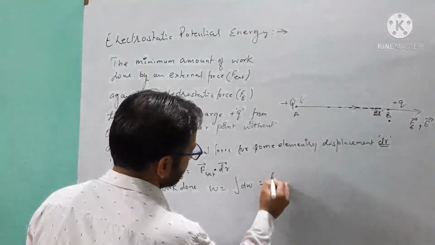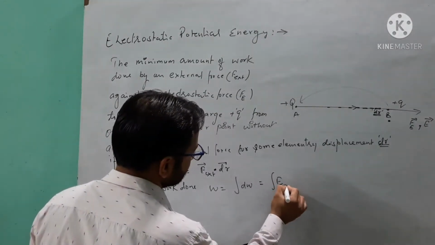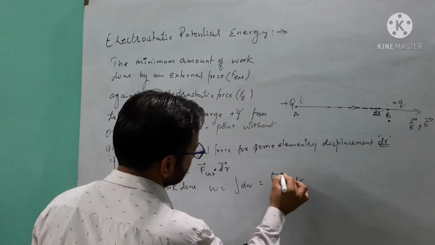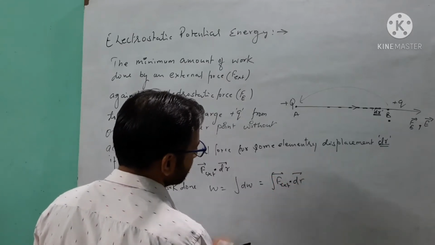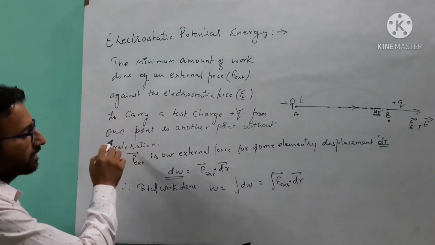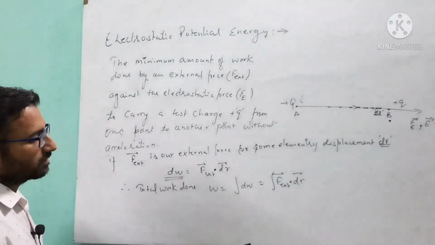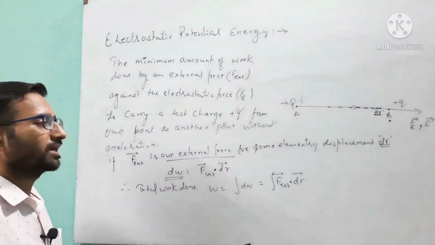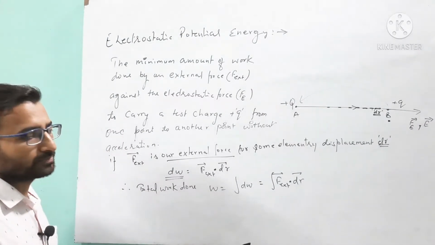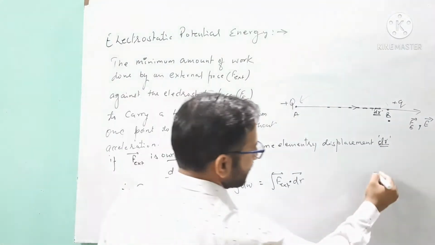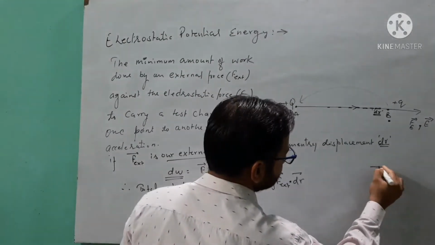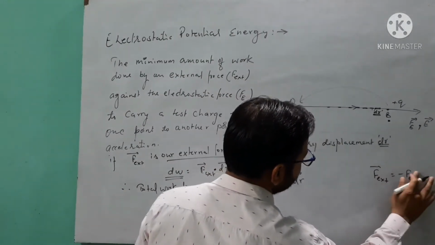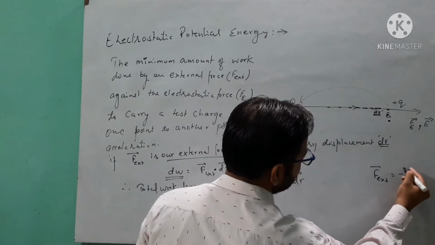So we write F external dot dr. Now, this work is done by the external force, which is opposite to the direction of the electric force, so we can write F external as negative of Fe, which is our electric force.